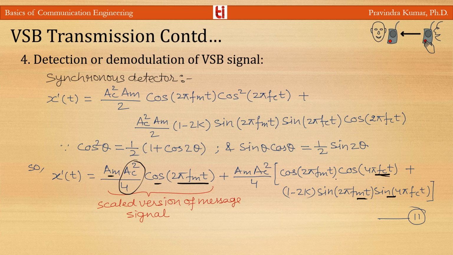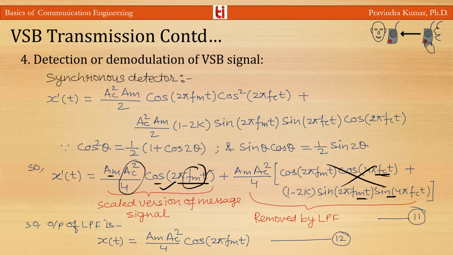So the message signal will pass through the low pass filter, but this high frequency signal is eliminated, and at the output of the filter we will get our scaled version of the message signal. It is AM AC square by 4 cos 2 pi FMT, and the scaling factor is AC square by 4.